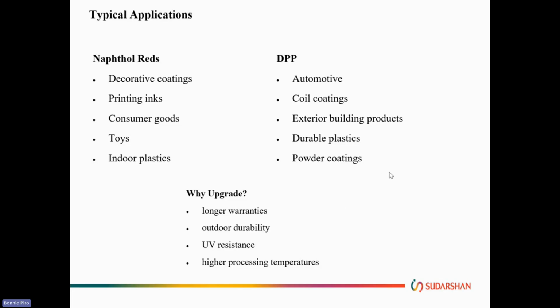Where the DPP chemistries, we start to see them in more rugged and demanding applications like automotive and plastics, powder coatings, those kinds of things, to be able to take advantage of those technical properties. So it really is what your application and formulation demands. If you need those longer warranties and outdoor durability, then the high performance type pigment is where you need to be to get those.